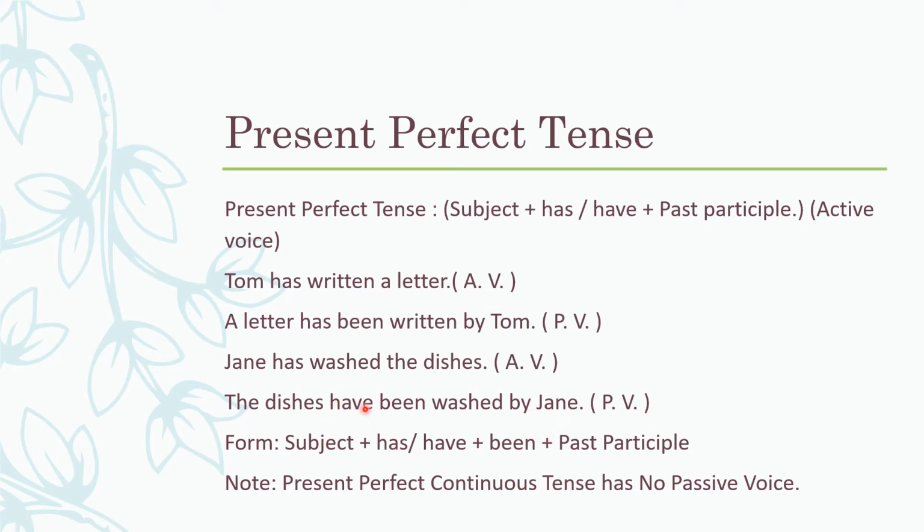Then you will use have, the dishes have been, and washed here is the past participle, by Jane. The dishes have been washed by Jane. This is in the passive voice. So look at the form of the passive voice in the present perfect tense: subject, has or have, been, and the past participle. Note, present perfect continuous tense has no passive voice.